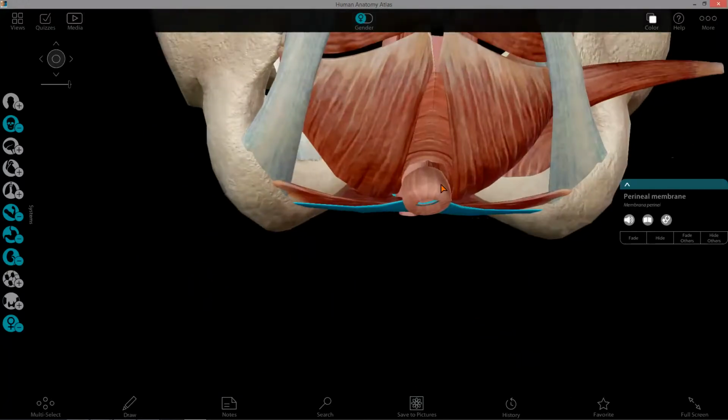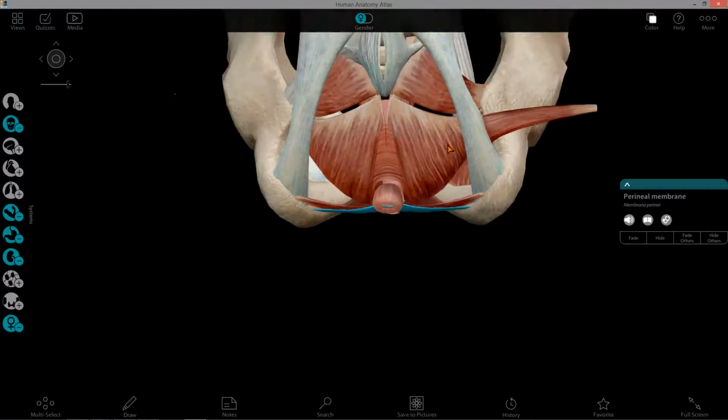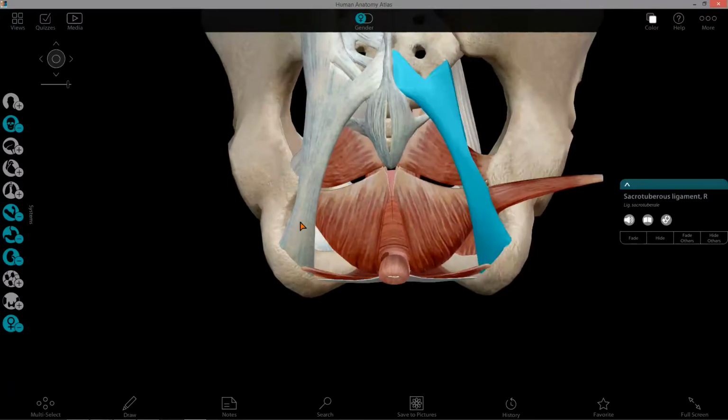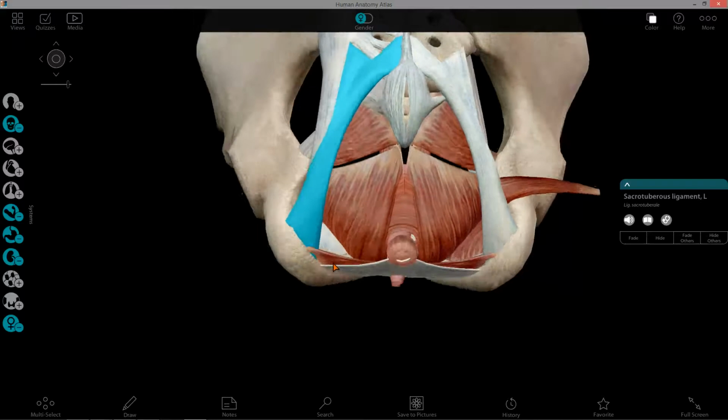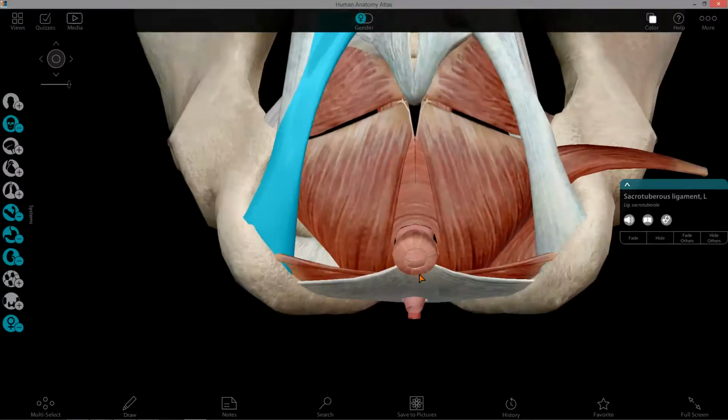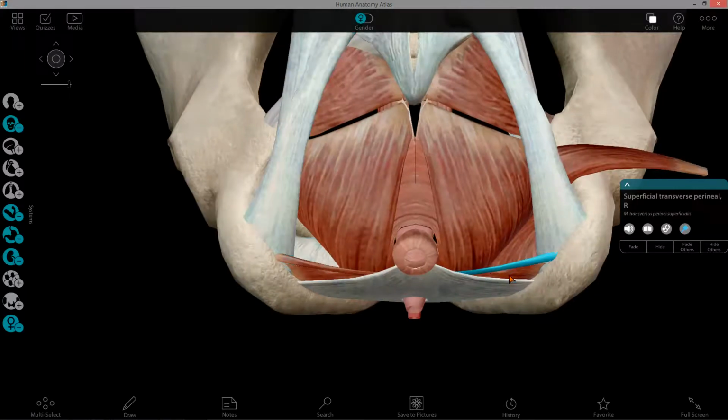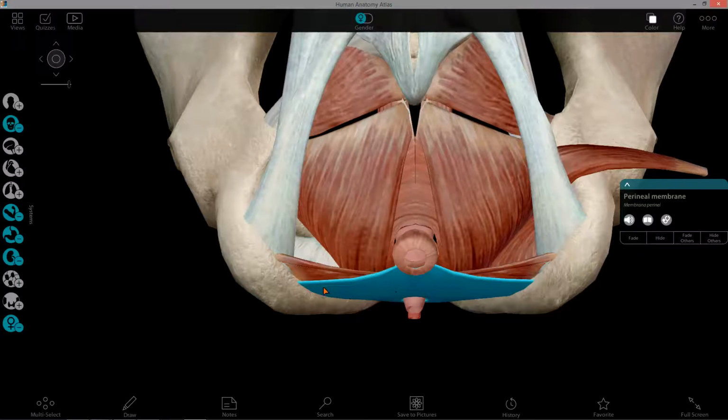So you can see, zooming in here from a posterior view, these are the sacrotuberous ligaments I was talking about that help define the posterior boundary. We can see that the anterior segment of the perineum is enclosed by the perineal membrane, but the posterior segment, approximately here, is not enclosed by the perineal membrane.